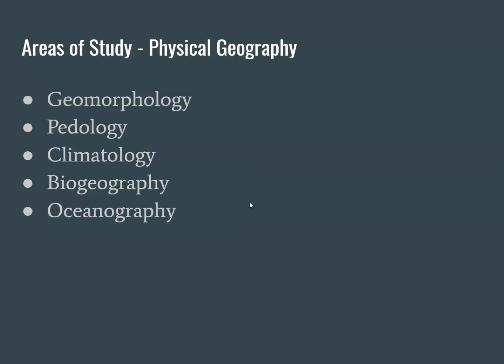This class will focus predominantly on the human side of this. We will, of course, touch on all these, but primarily as it relates to the human factors. We do have a course at Slippery Rock, the natural environment, which deals primarily with these components.